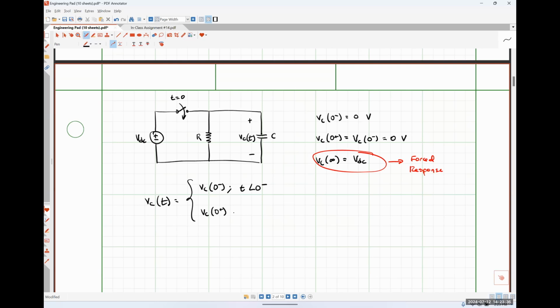And I'm going to leave some space here, and you'll see why in a moment. Times e to the negative t over tau plus our forced response, which is VC at infinity for t greater than or equal to 0 plus.